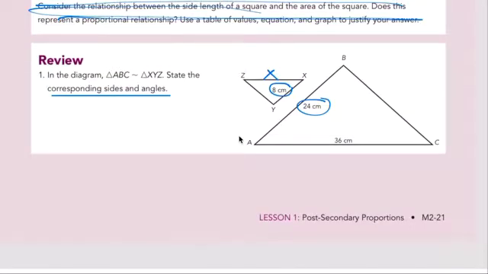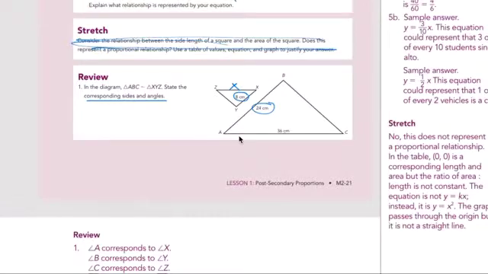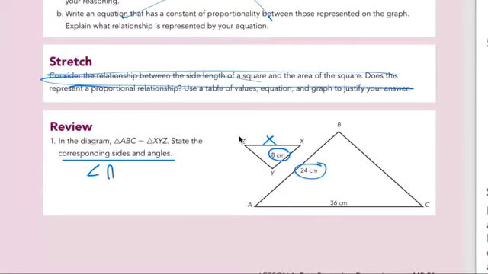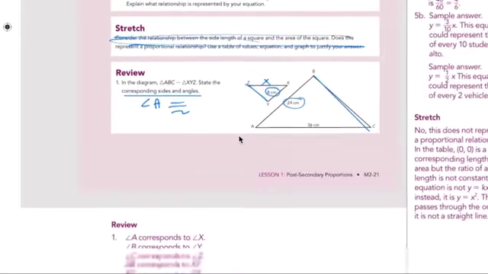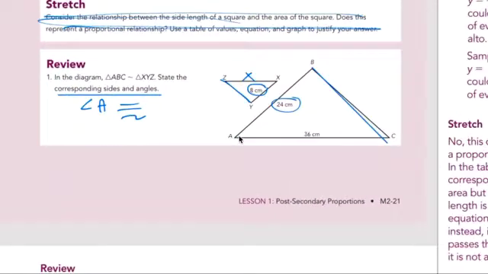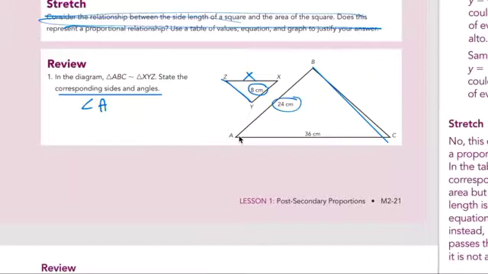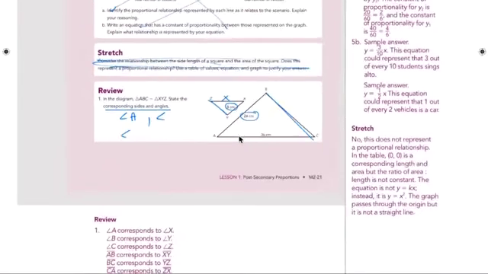Angle A corresponds to... Angle A is not congruent to B and C. Angle A corresponds to angle C. Angle A corresponds to angle Z, right?